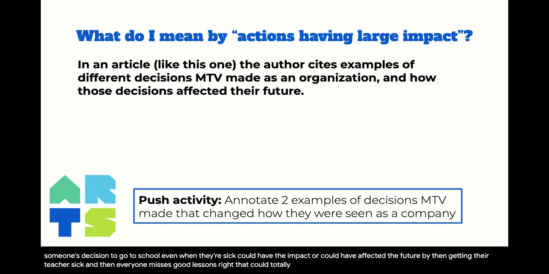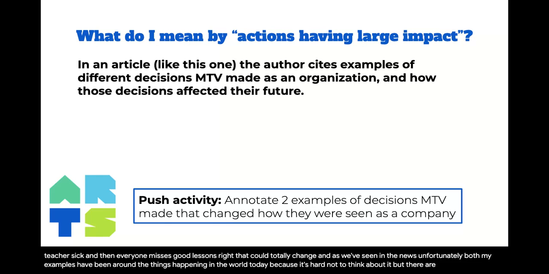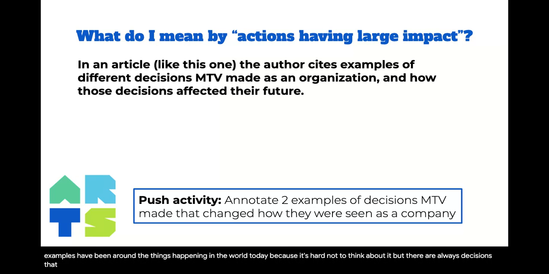That could totally change. And as we've seen in the news, unfortunately, both my examples have been around the things happening in the world today because it's hard not to think about it. But there are always decisions that have implications or things that cause effects in the future.